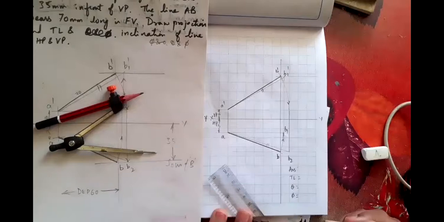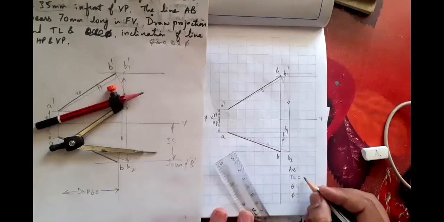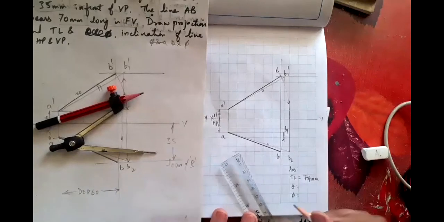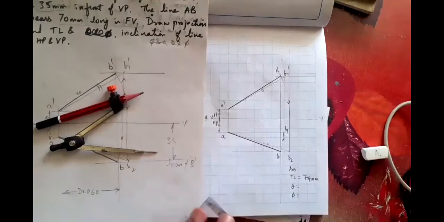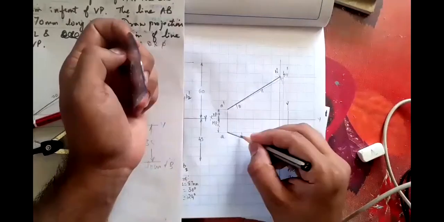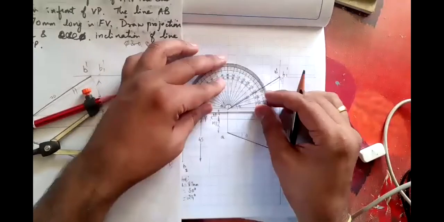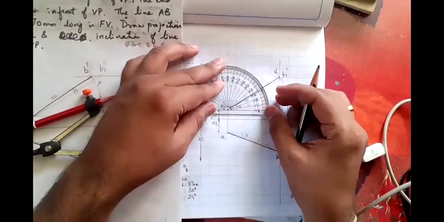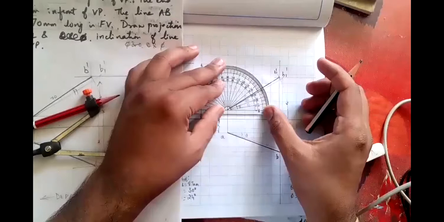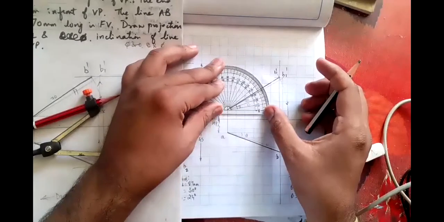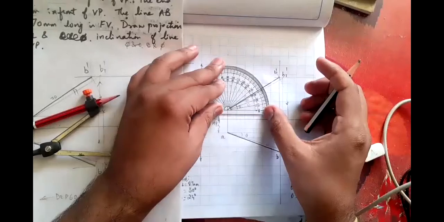So what is the answer? 74 or 75 mm. And what is theta? How much is theta? Not alpha, theta. 27 degrees.